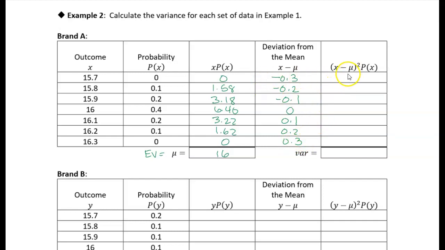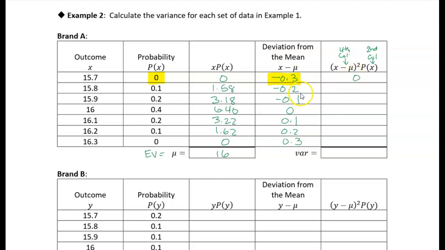All right, so the next thing I'm going to do is take those deviations from the mean. That's this fourth column. I'm going to take the fourth column, square it, and multiply it times the probability, which is over here, the second column. So this first one will just be this squared and then times its probability, so obviously that's going to be 0.